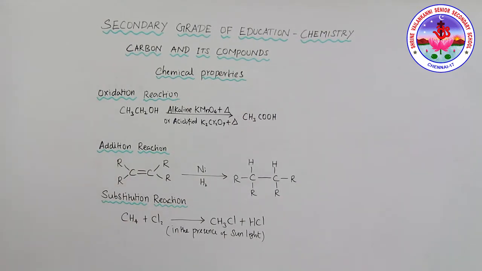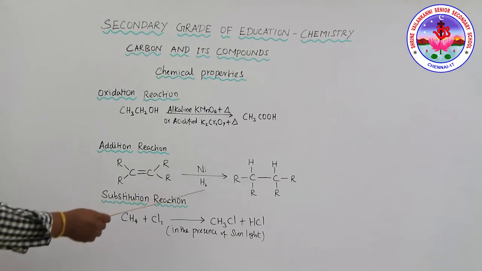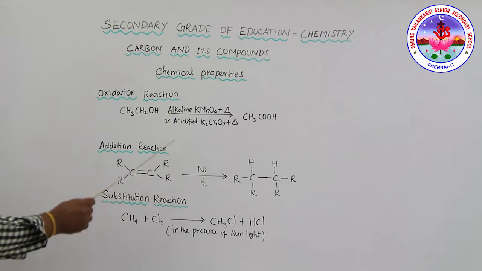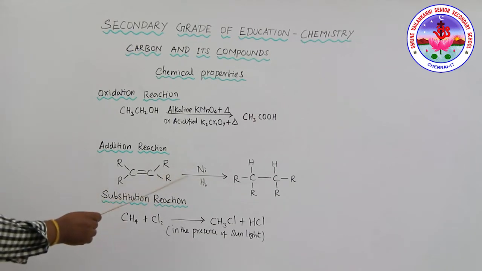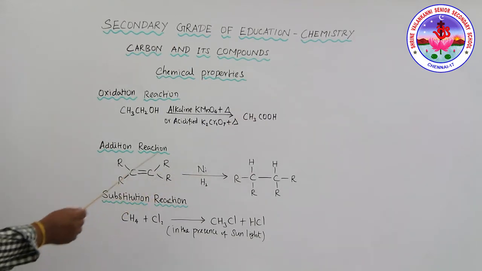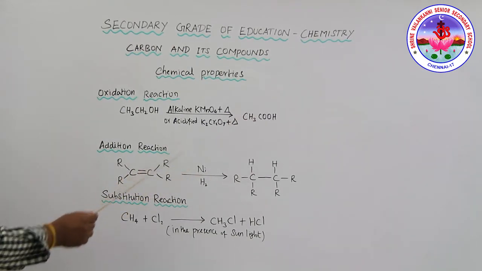Then the addition reaction. In the addition reaction, the unsaturated hydrocarbon adds hydrogen in the presence of a nickel catalyst. A catalyst just enhances the rate of reaction, meaning the speed increases. Without a catalyst the reaction also proceeds, but it is very slow.